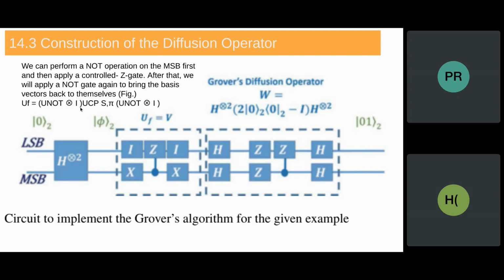So after doing a U naught on I, you do a control phase shift by pi, and then you apply a U naught I. So U naught I are nothing but X, basically, the NOT gate is X. So you have an X and you have an I. So our UF, the constructor for the Oracle for UF, is U naught I. In between you are doing a phase shift.